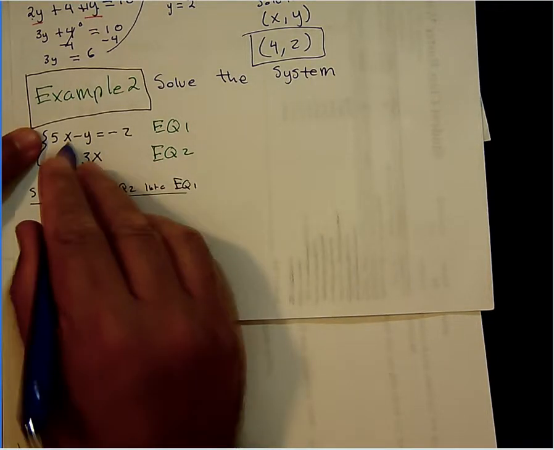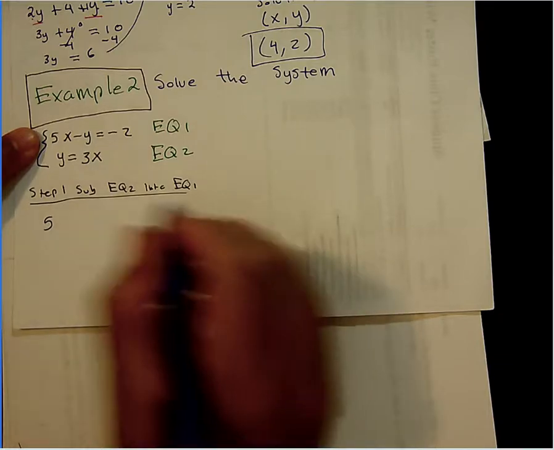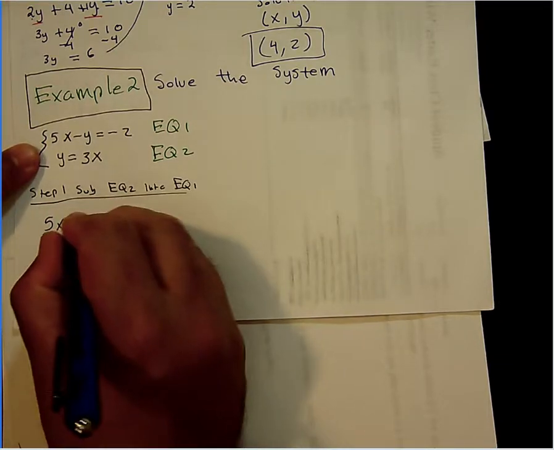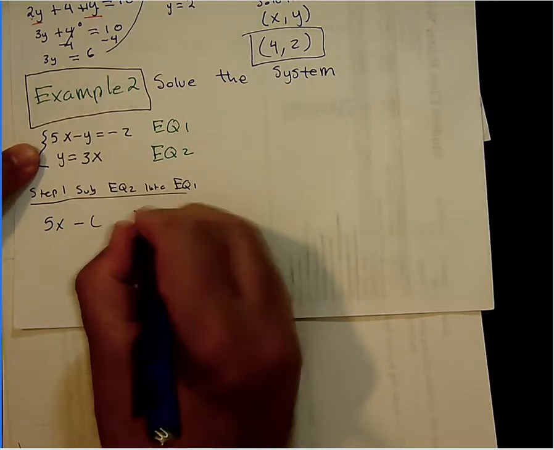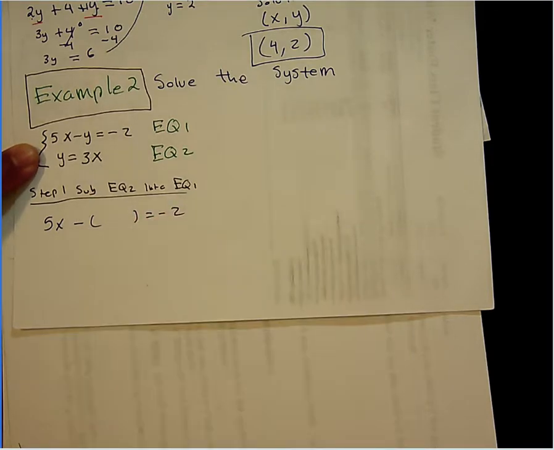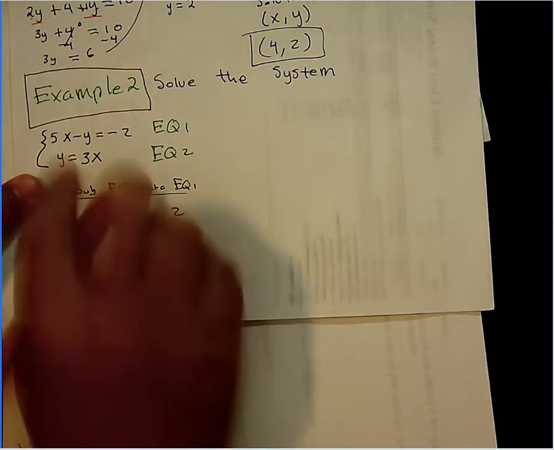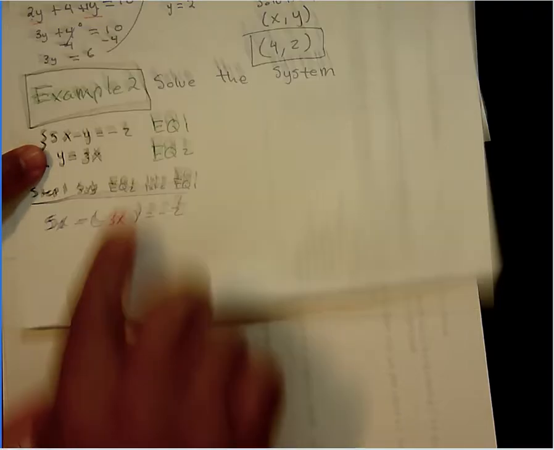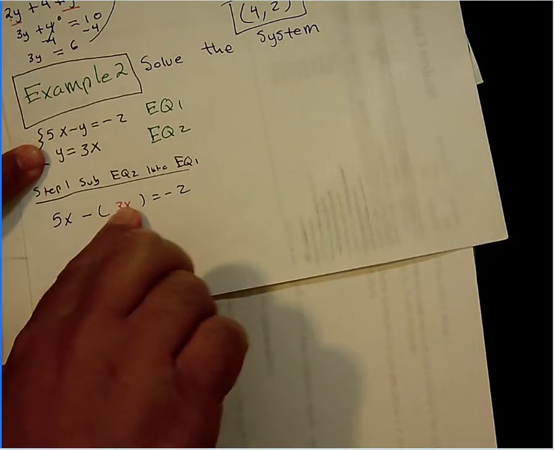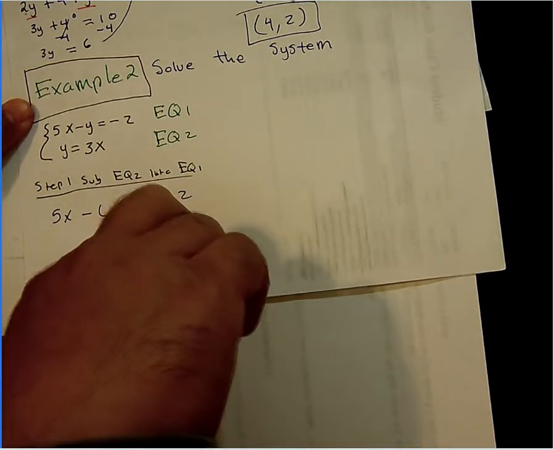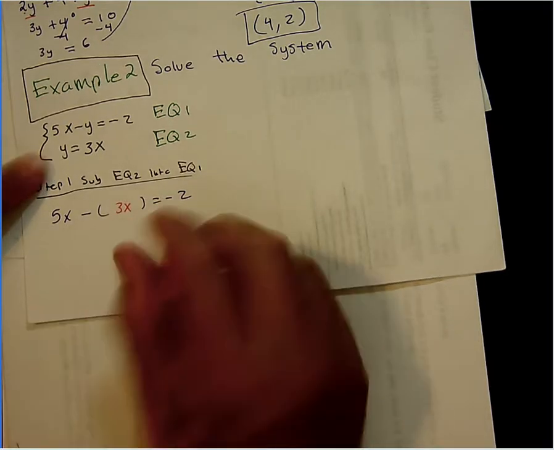So I'm going to write equation 1, minus, and then that one in parentheses, equals -2. I'm going to put the 3x, which is equation 2, into equation 1. So that's equation 2, and this thing inside is equation 1.